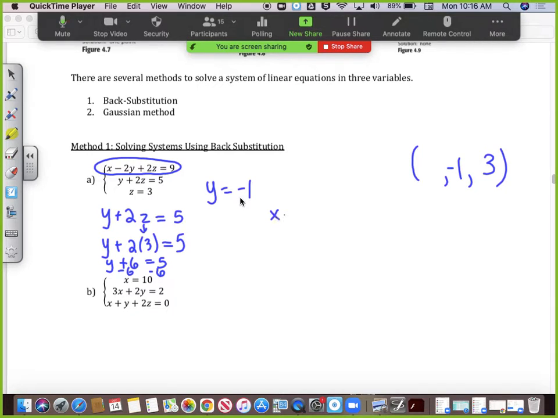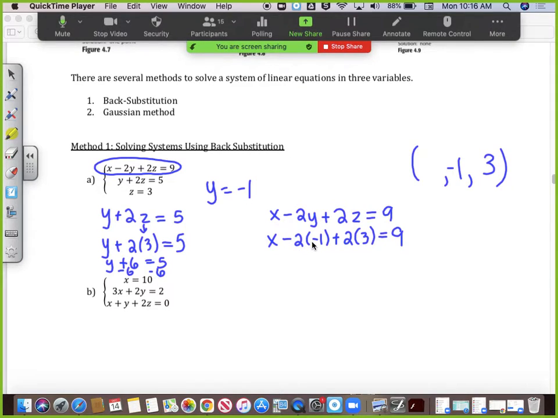You can only solve for one unknown at a time. So x minus 2y plus 2z equals 9. I'm replacing in a negative 1 for y, so this is going to be x minus 2 times negative 1 plus 2 times 3 for z equals 9. So the rest of this is just algebra.